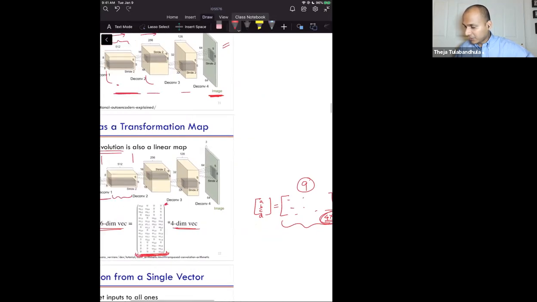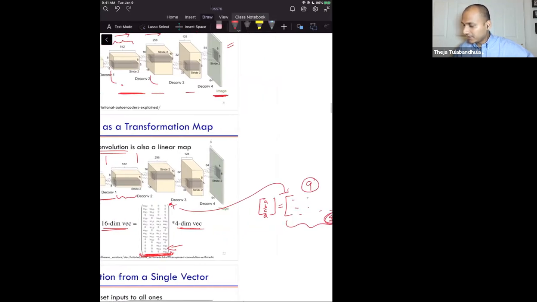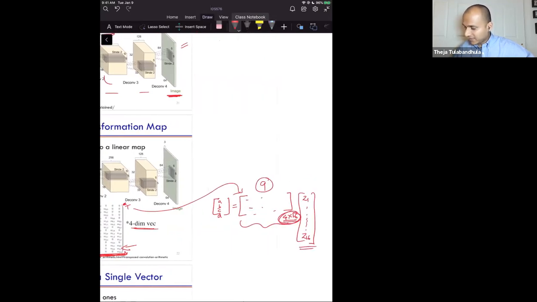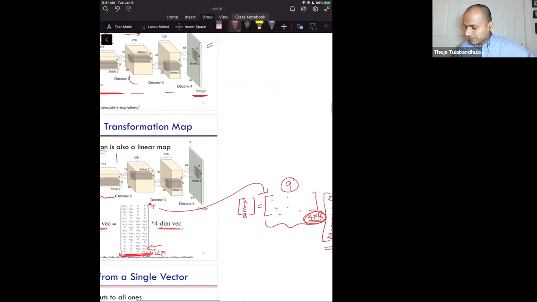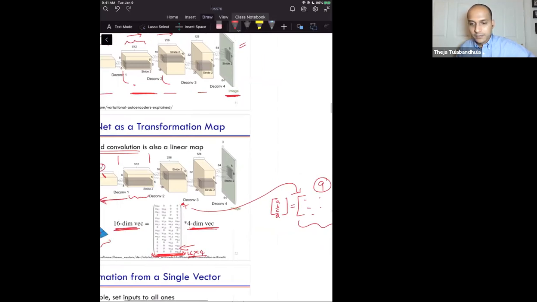And that's exactly what's going on here. This matrix with the transpose is exactly this matrix. If you don't do the transpose, this matrix is 16 cross 4. If you have this transpose, then you can go from a 4-dimensional vector to a 16-dimensional vector. And if you rearrange the 16-dimensional vector, you can get a matrix. If you put 4 numbers on each row, then you get a matrix. That's how you go from a 2x2 matrix to a 4x4 matrix.